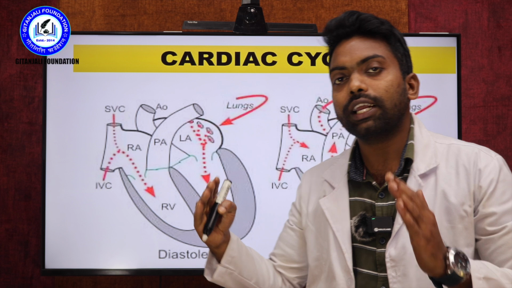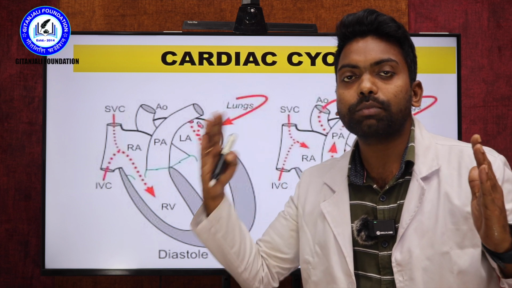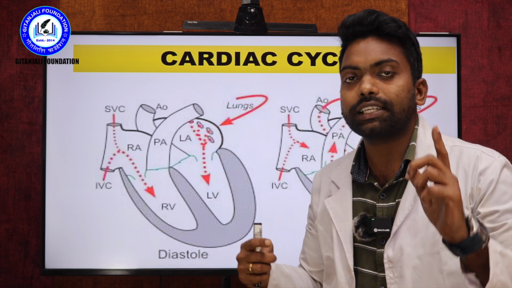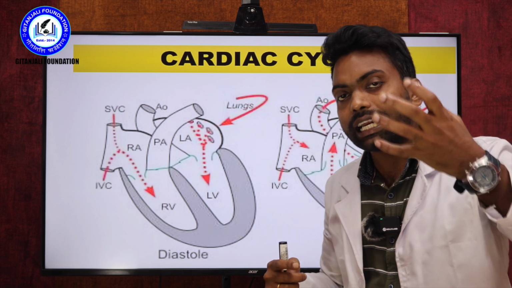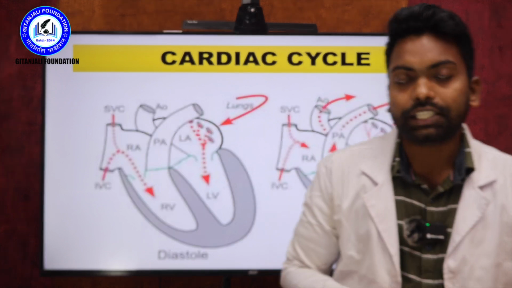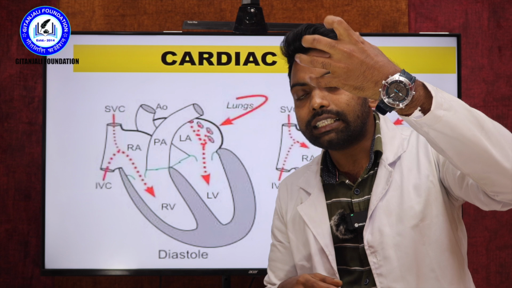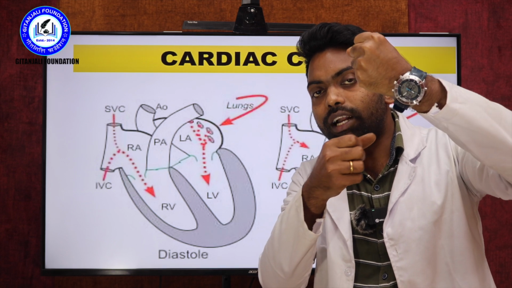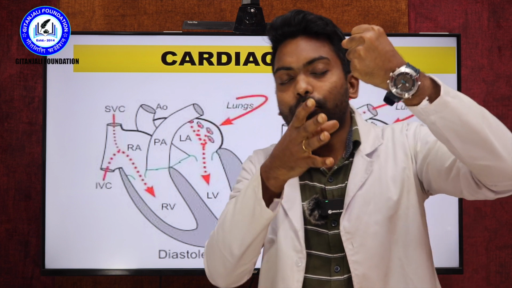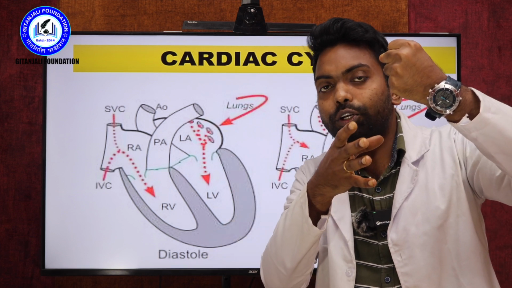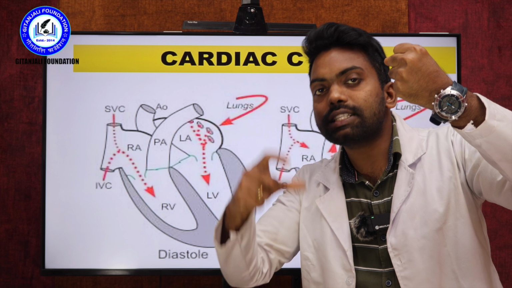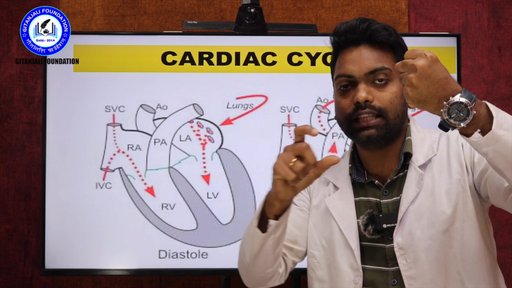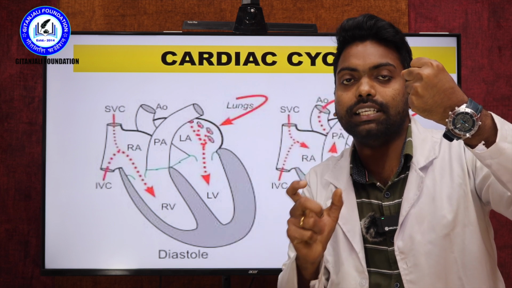Before explaining systole and diastole, you must understand the meaning of contraction and relaxation. Contraction is systole, and diastole is relaxation. When the cardiac cycle happens, the events occur simultaneously.